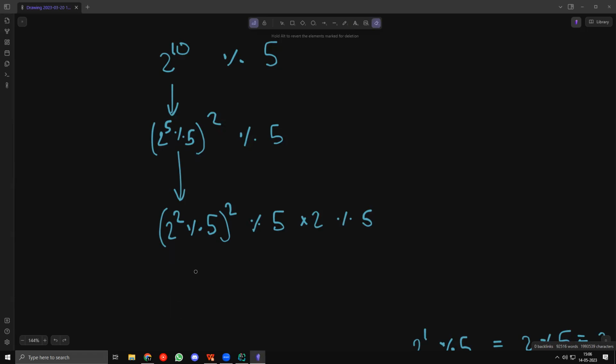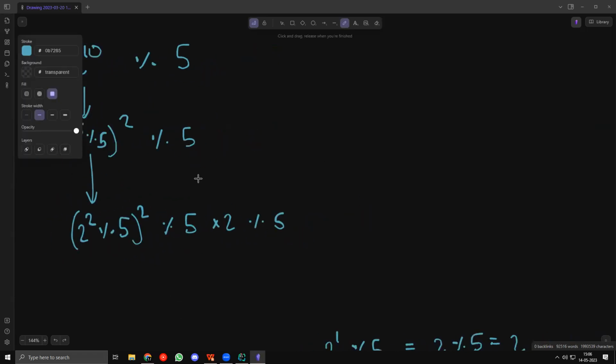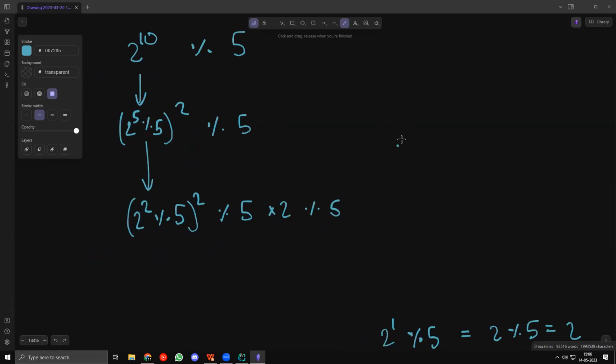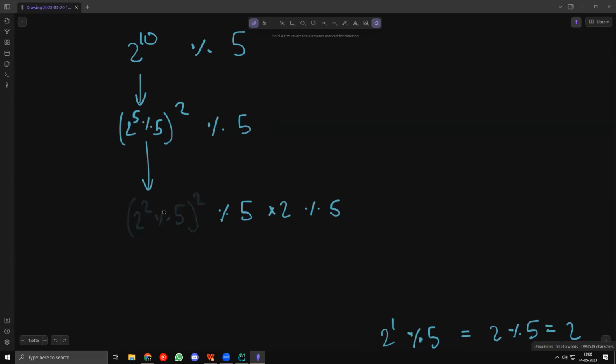Okay, I actually got my mistake. What I was thinking before was that this value was coming out to be 2, right? So if I take 2 to the power of 2 modulo 5, squared, I know this will be 1, because it's 4 squared, 16 modulo 5 is 1. 1 times 2 is 2, 2 modulo 5 is 2.